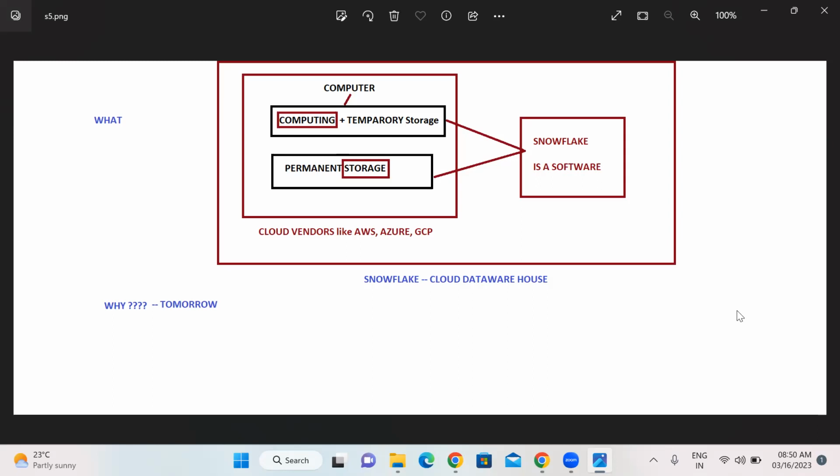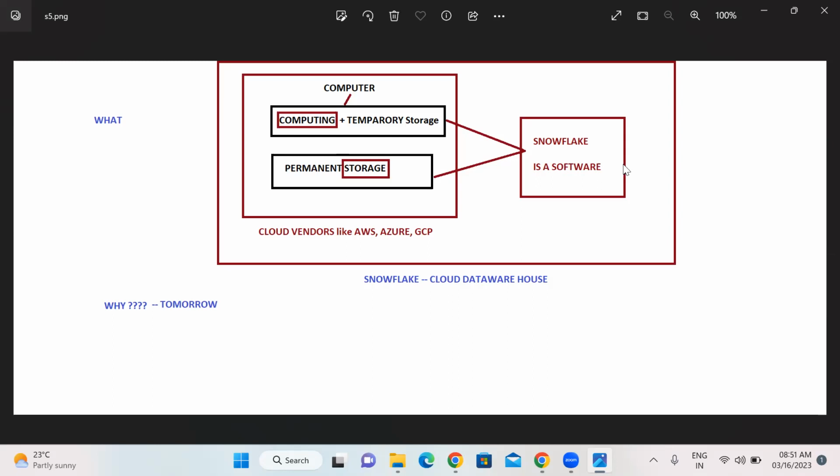For storage and computing power, they maintain servers and hard disks in the company premises only. That we call on-prem. But now with cloud, the storage and servers are maintained in some other place, and we access those servers via the internet.